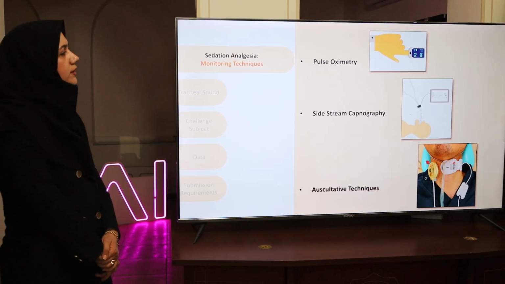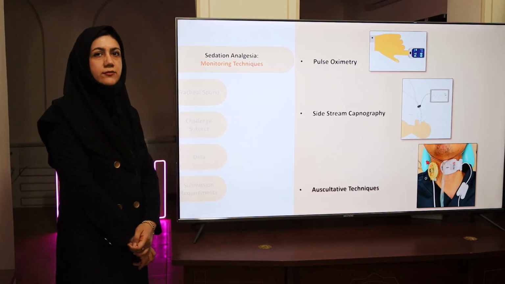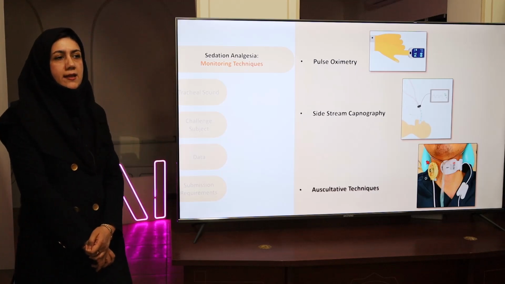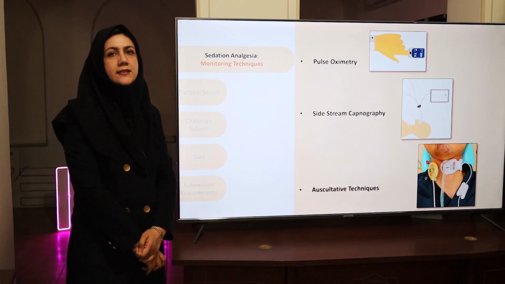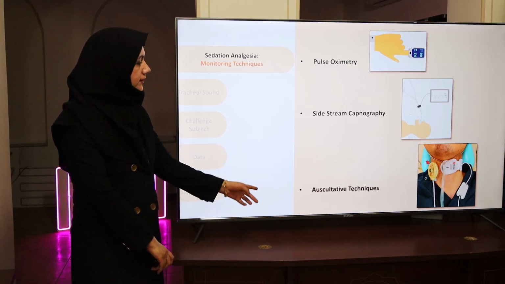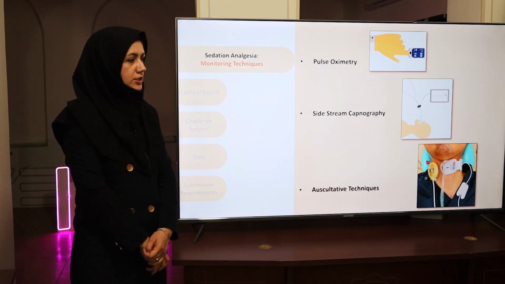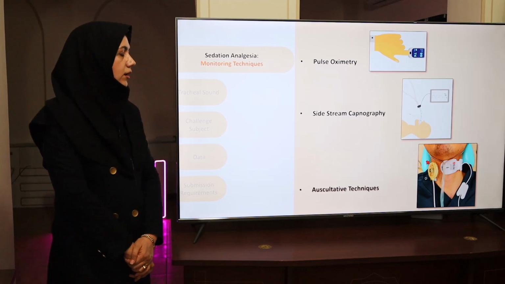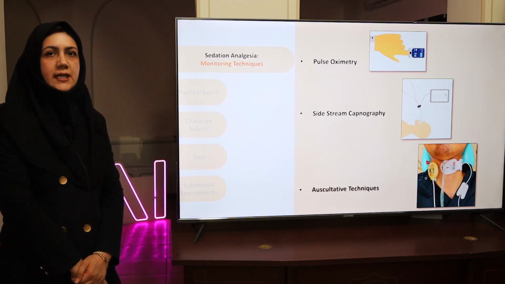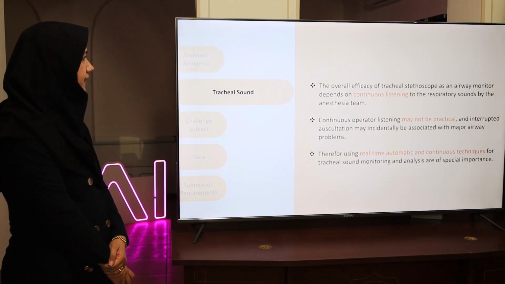Commonly used monitoring techniques include pulse oximetry and side-stream capnography. Both of these methods suffer a delay in detecting respiratory complications, but auscultative techniques can reliably and rapidly detect respiratory complications, and therefore these methods are of paramount importance in detecting respiratory depressions.